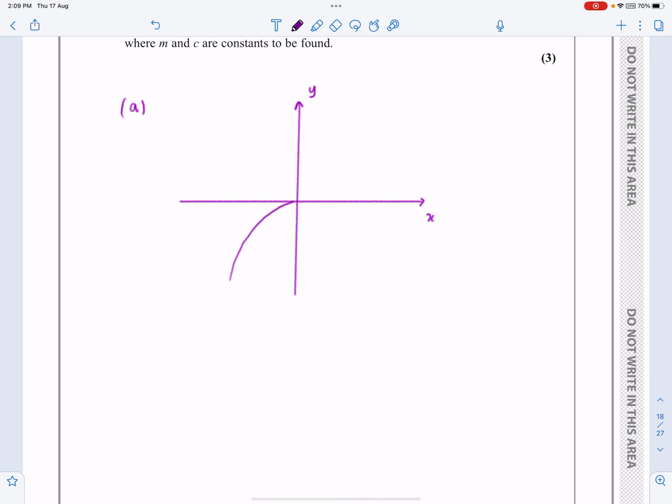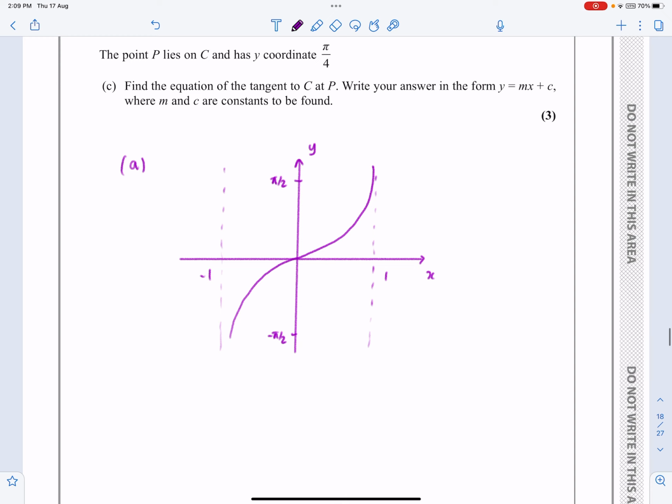Arc sine x looks like that. We're only interested between pi over 2 and minus pi over 2, and at those values we have an asymptote at 1 and an asymptote at -1. So this is y equals arc sine x. And there's no explanation to that. You just got to go away and learn that's what arc sine x looks like.